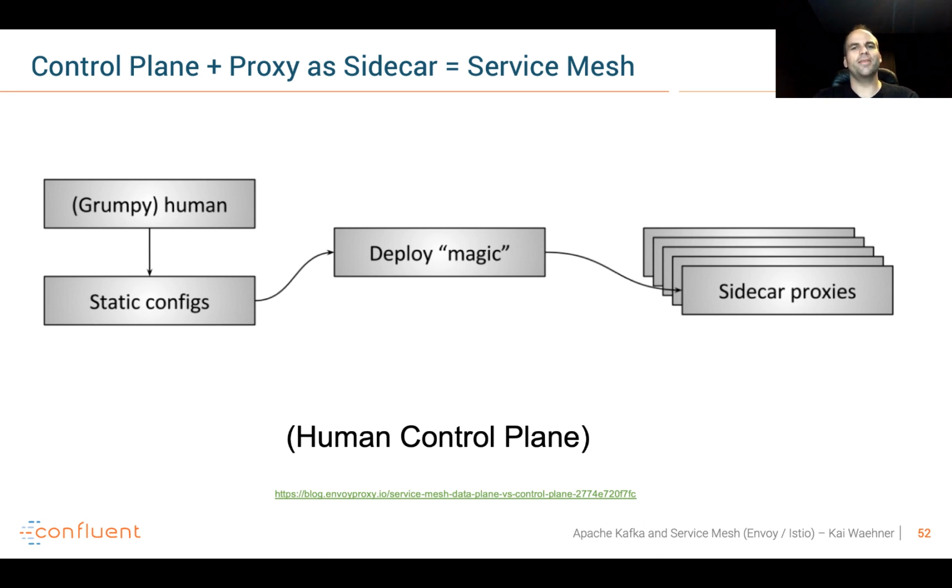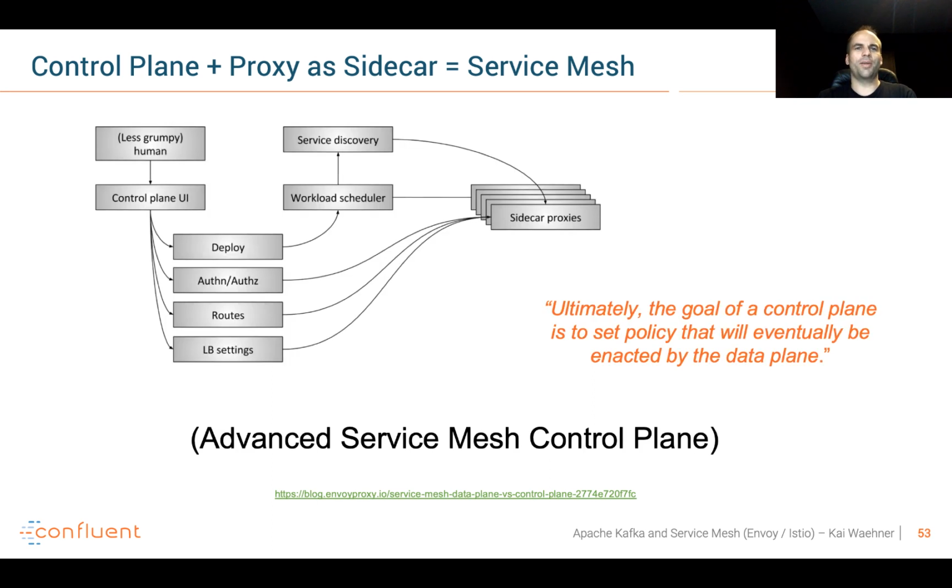But typically, as soon as you get more than two or three microservices, you also want to automate how to control and configure these different proxies and microservices. In the beginning it might work with a human control plane, which does this magic of configurations and so on. However, the real goal in a service mesh is to have an automated control plane for that.